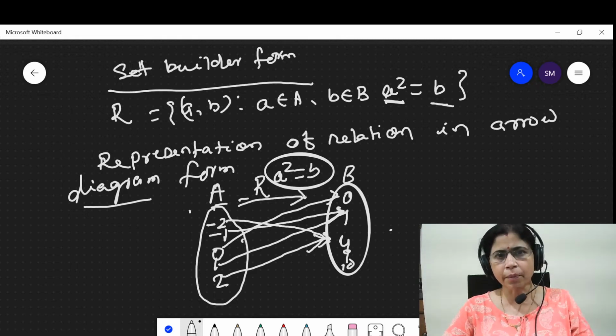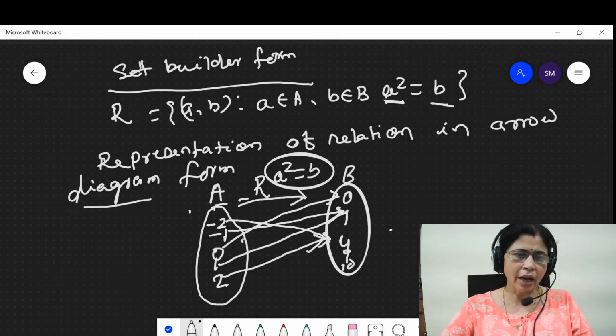This is the set builder form, and in my last page we discussed roster form.